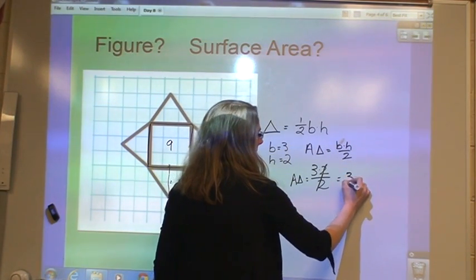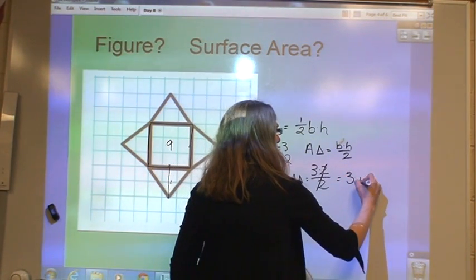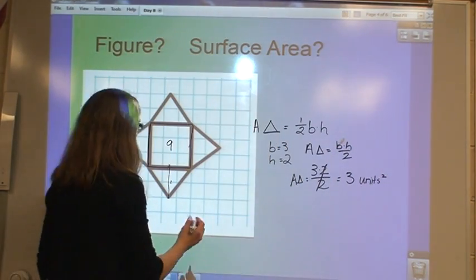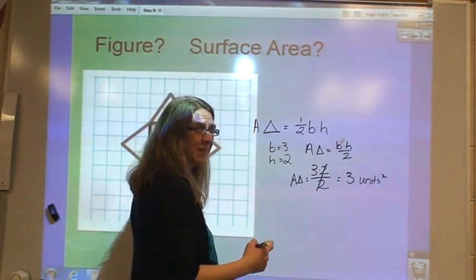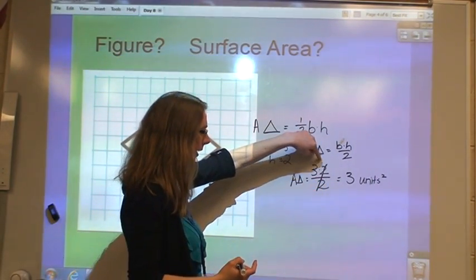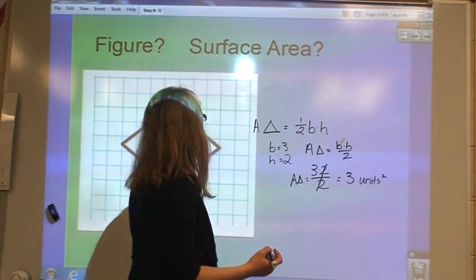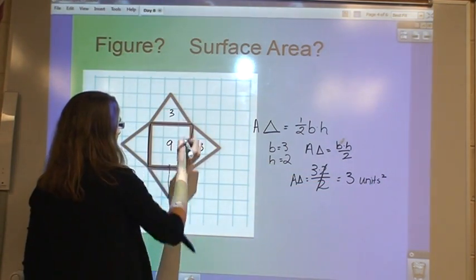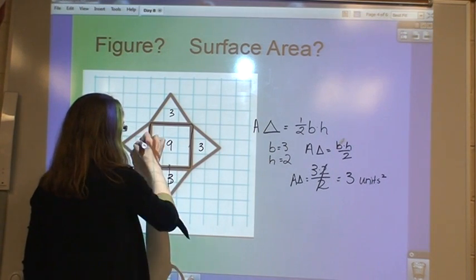And my area is going to be 3 units squared. If you actually solve this out because you didn't see this trick right here, then you have 3 times 2, which is 6, and 6 divided by 2 is going to be 3. So each of these are all exactly the same, so they're all going to be 3 units.